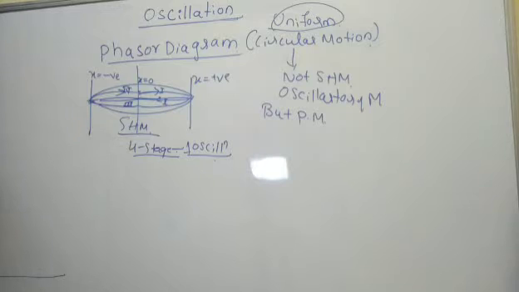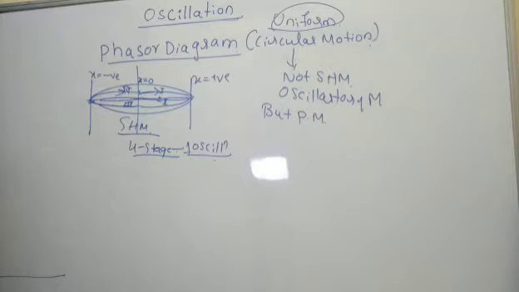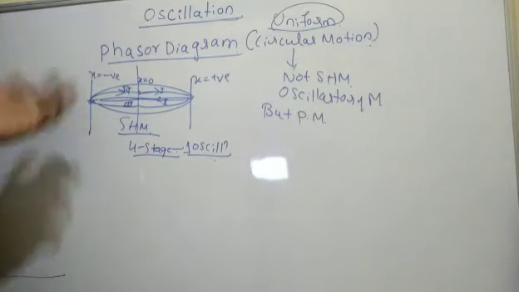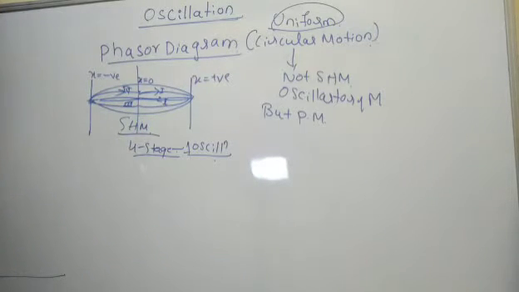When a particle undergoes uniform circular motion, how can we say that its projection is executing simple harmonic motion? Once we have understood simple harmonic motion thoroughly, then we can understand it through the projection form when the particle is under uniform circular motion.